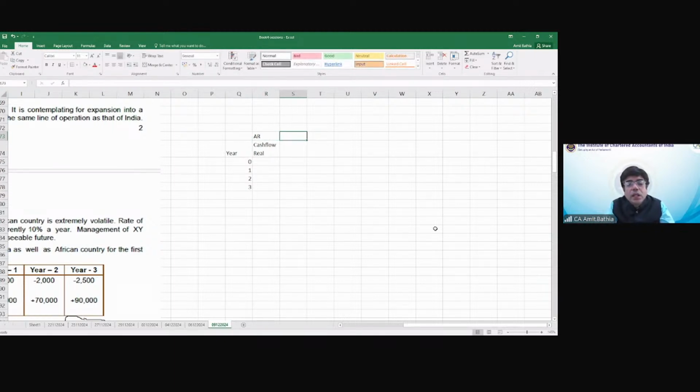To convert the real values into nominal cash flow, I will need to convert them at the inflation rates, right? So how do I do that? I will obviously have to incorporate over here inflation.